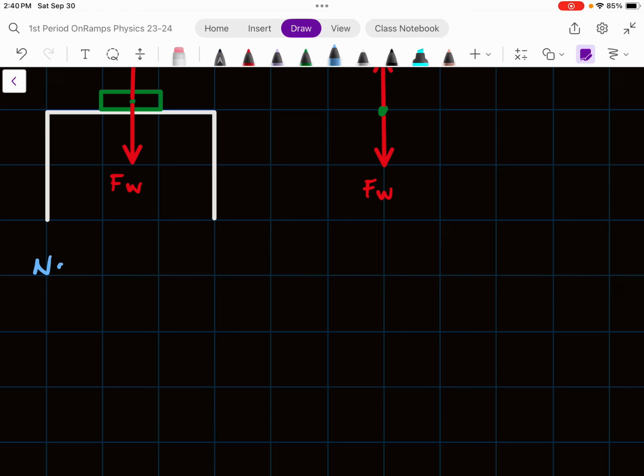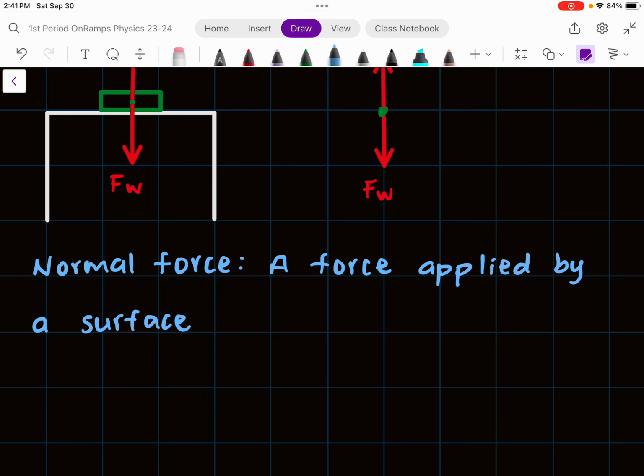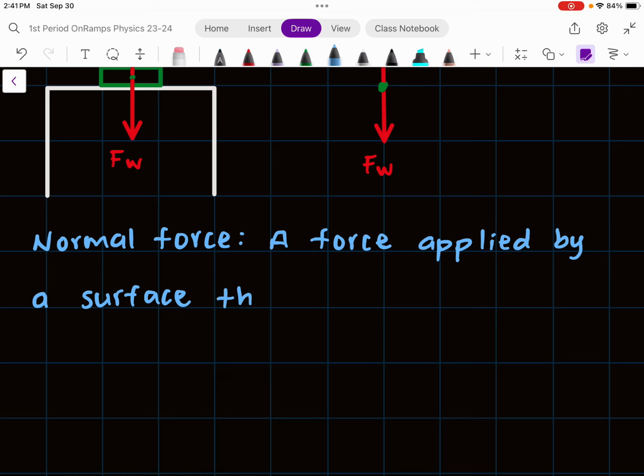Normal force is a force applied by a surface that is perpendicular to the surface.